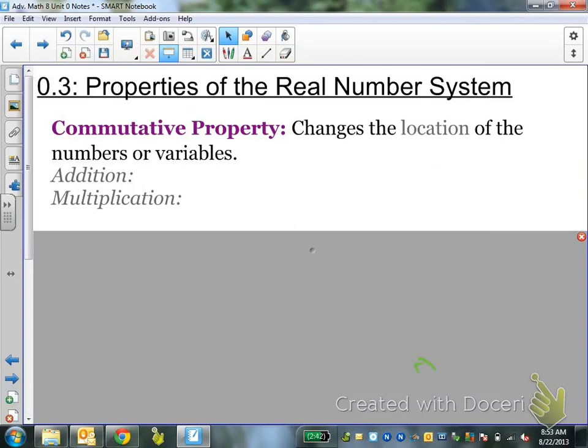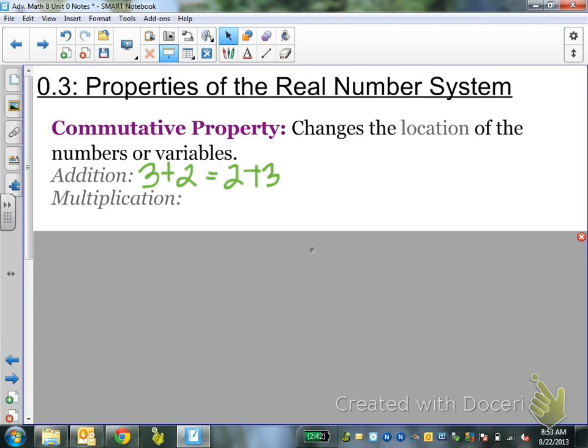So the commutative property for addition says that I can take something like 3 plus 2 and it is the same as saying 2 plus 3. Does everybody agree with that? What is 3 plus 2? 5. What is 2 plus 3? 5. So they're the same thing.